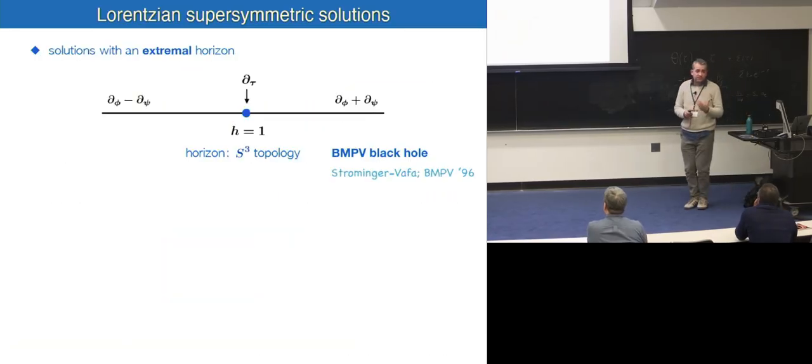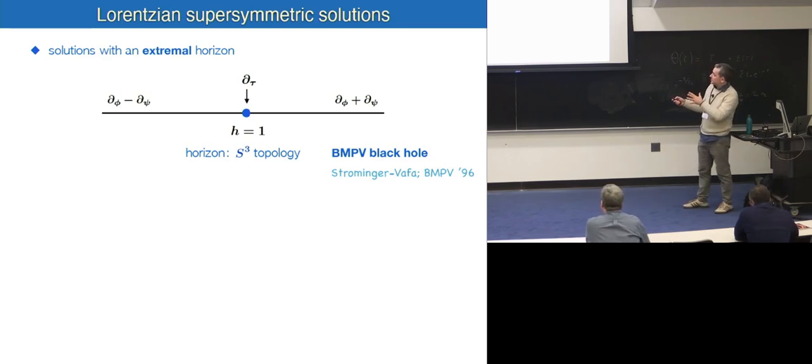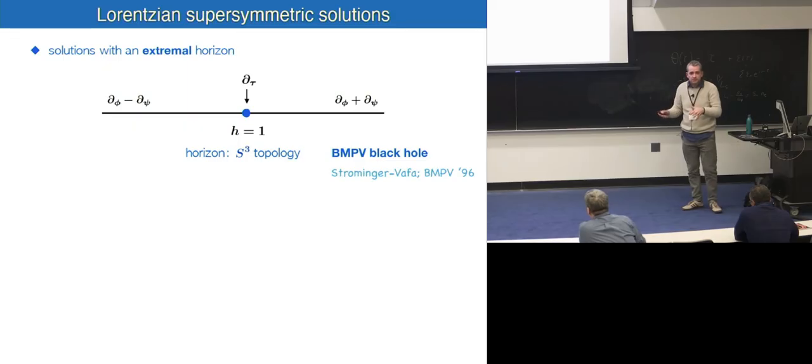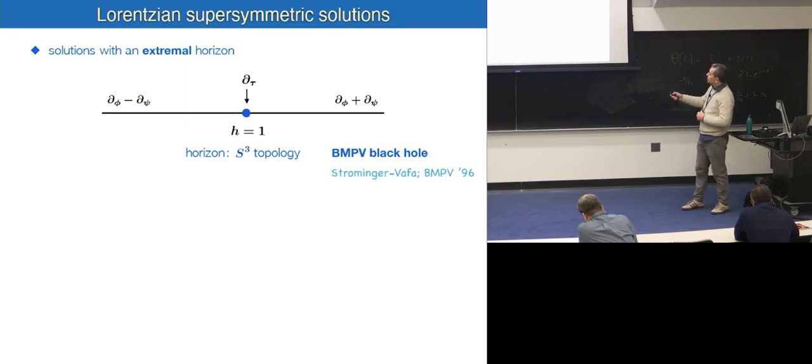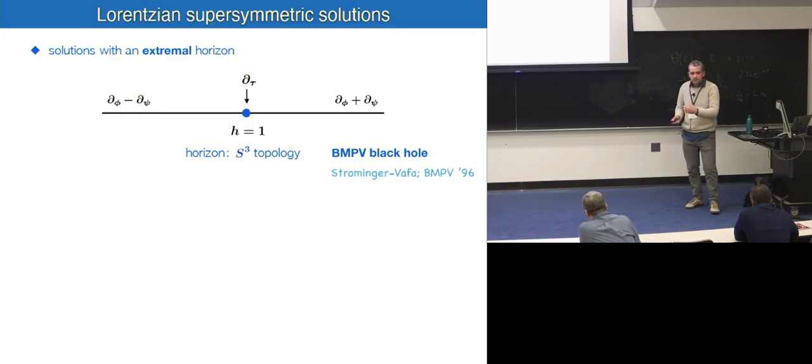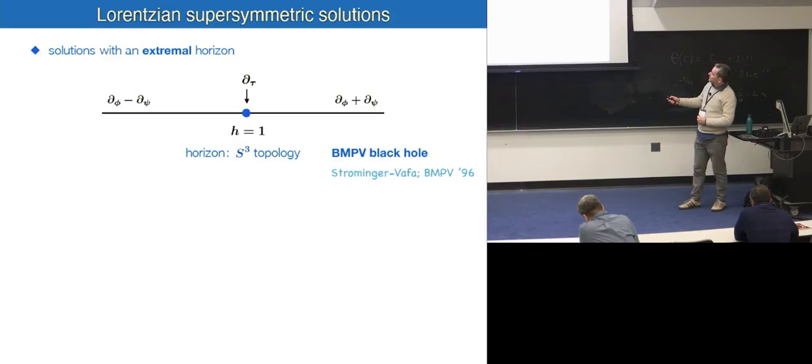Okay, but we are mostly interested in cases where there is a horizon. So in Lorentzian signature, horizons are also part of this construction, but they are isolated points. So they do not correspond to a rod, but to an isolated point. The vector that degenerates at the horizon in a supersymmetric solution is this del tau, the supersymmetric Killing vector, the one that follows from the fact that there is supersymmetry.